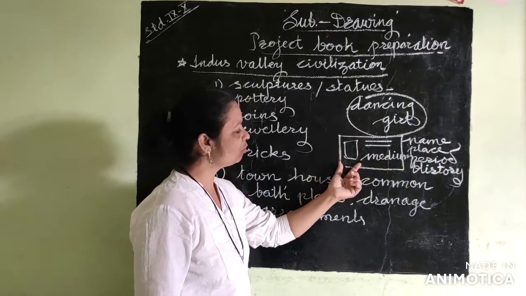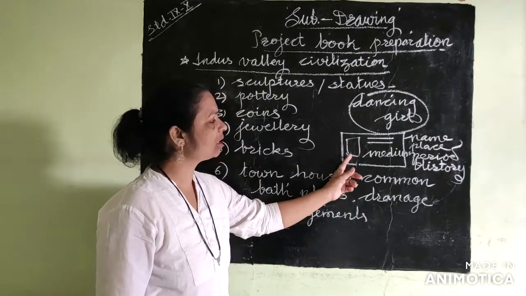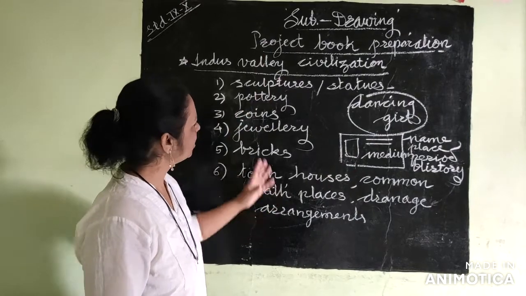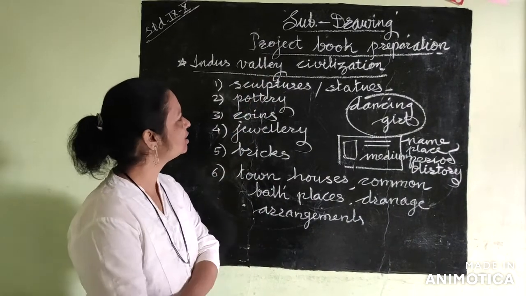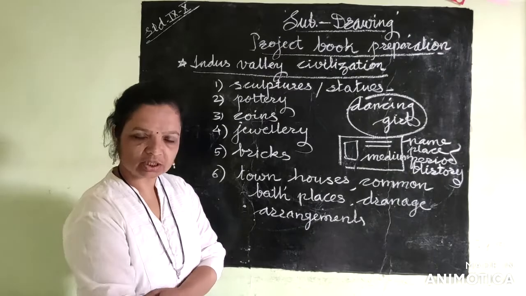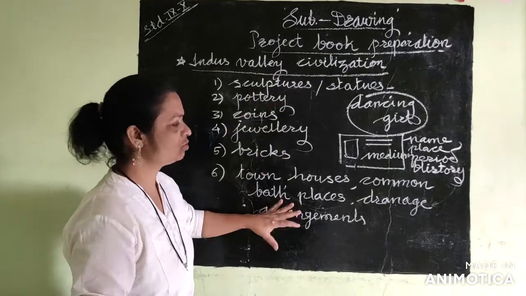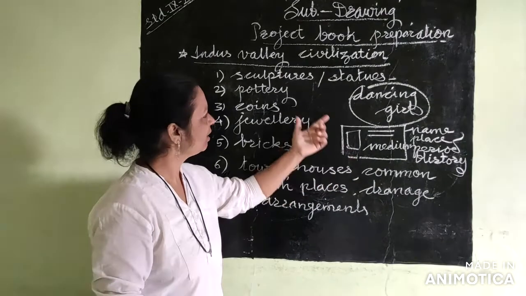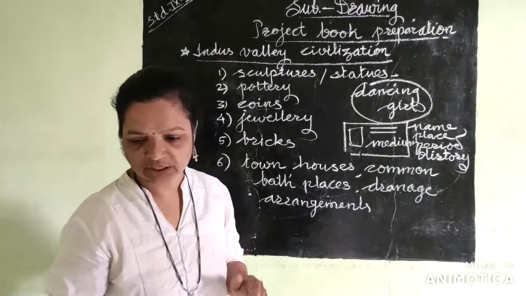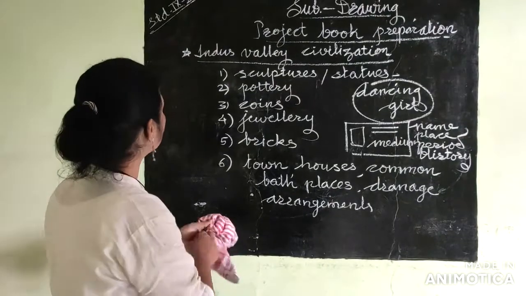So include related pictures; don't skip this. In this way, many more topics can be found in Indian civilization. If you find more topics, choose one, whatever you like, and make one page for that. Okay, now come to the next topic.